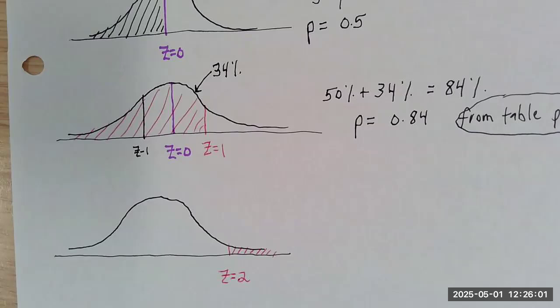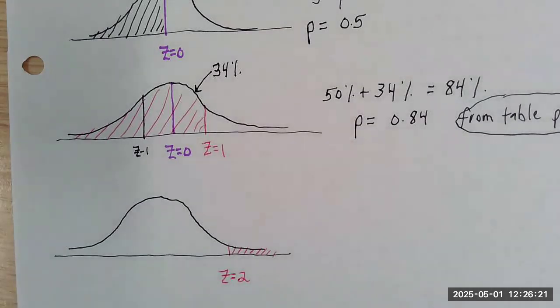Nicely done. Yes. So if I take 100%, that would be the whole thing filled in. If I take 100% and I subtract off whatever it tells me for z is equal to 2, that's going to tell me what's here. So we would do 1 minus whatever we get for z is equal to 2. So let's look on the table.